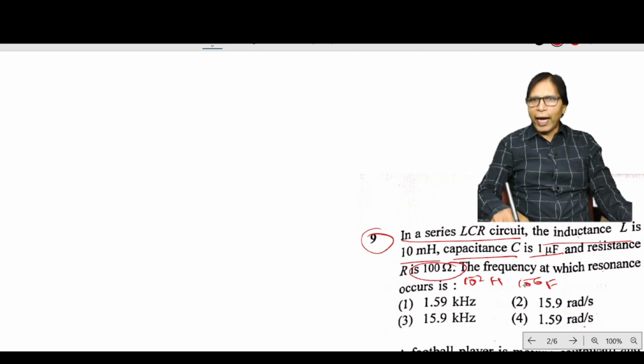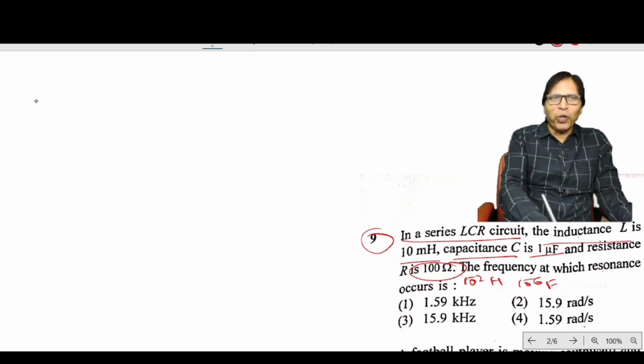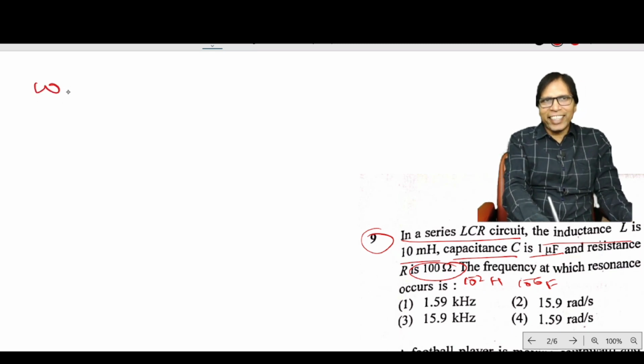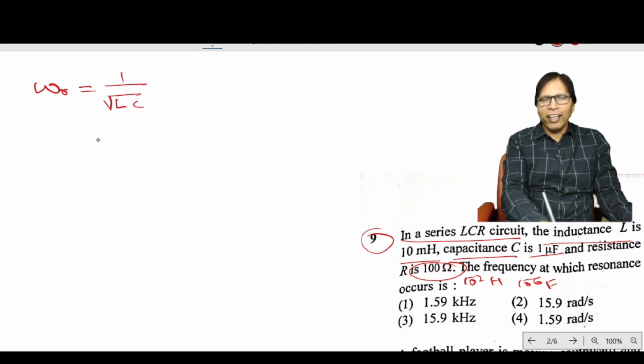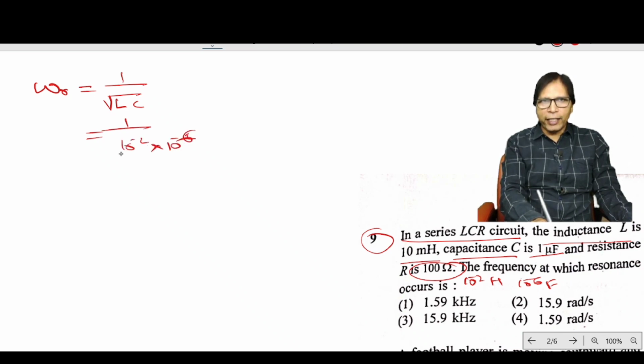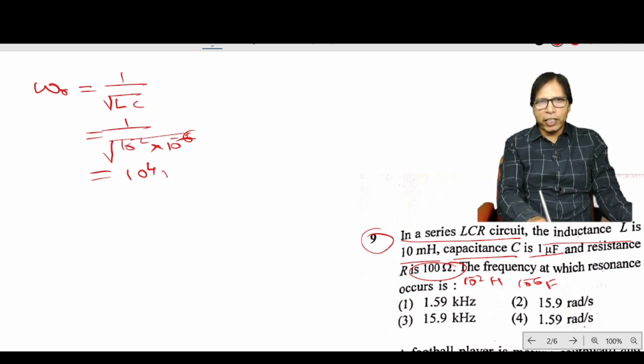The frequency at which resonance occurs: you know, in an LCR series circuit, the resonant frequency equals 1 by root under LC. Now what is L? L is 10 to the power minus 2, times 10 to the power minus 6, root under. Therefore, this is 10 to the power 4. Now, angular frequency is 10 to the power 4 radian per second.